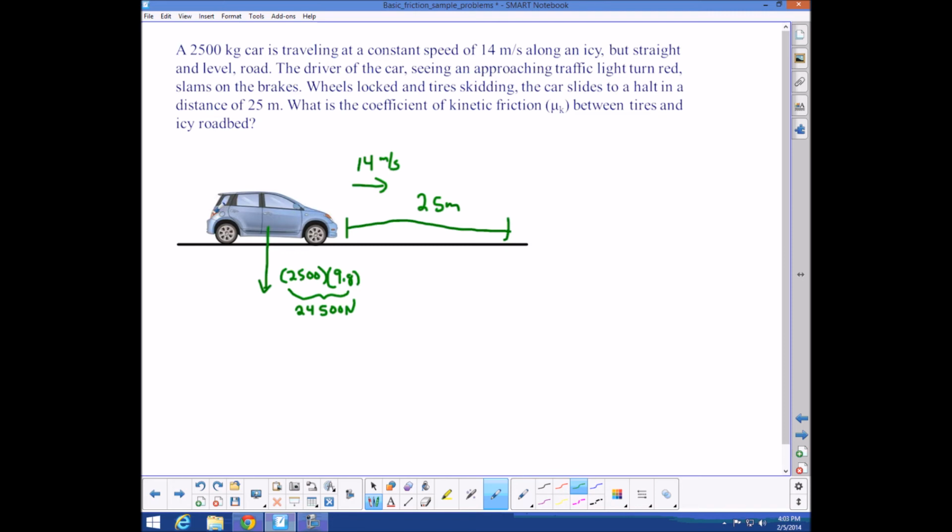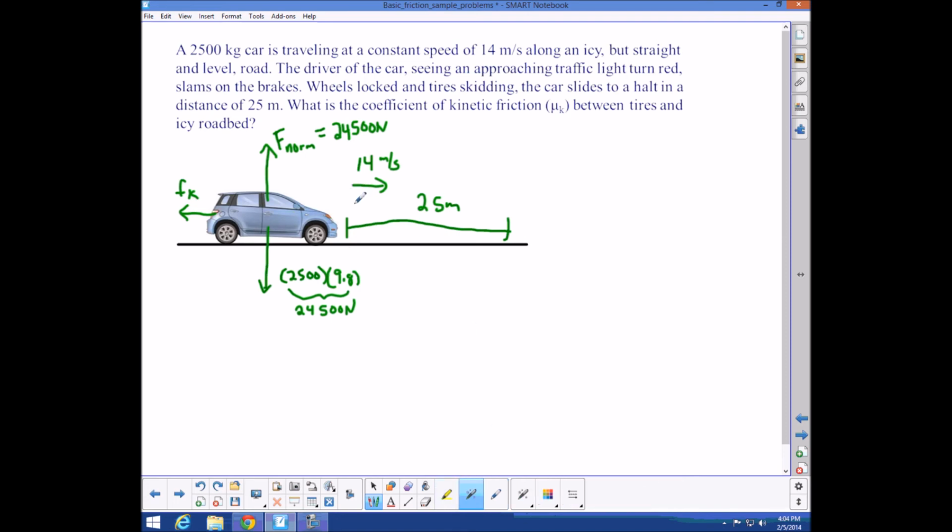The force of friction acts parallel to the surface, and because this car is skidding to the right, the force of kinetic friction is acting against the direction it's sliding, so the force of kinetic friction acts to the left. There are no other forces acting perpendicular to the ground other than the normal force. So in this case, the normal force is going to be 24,500 newtons also. It's going to balance out the weight. Those are the only three forces that are acting on the car.